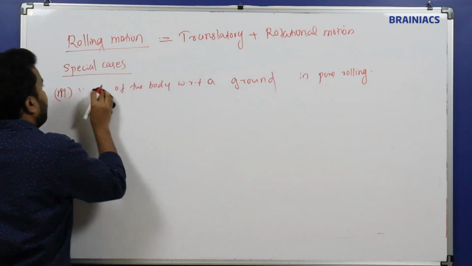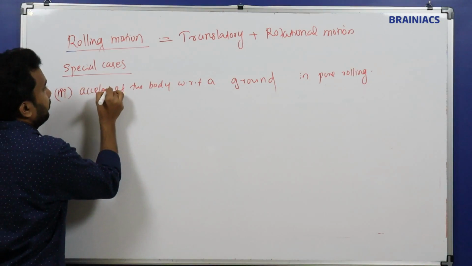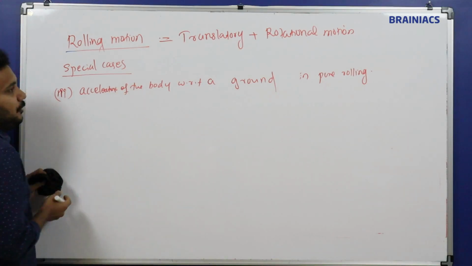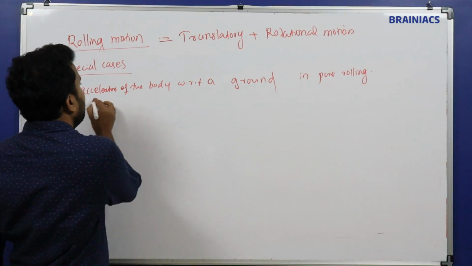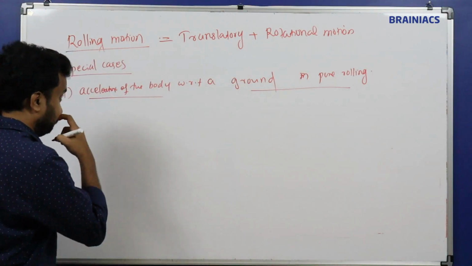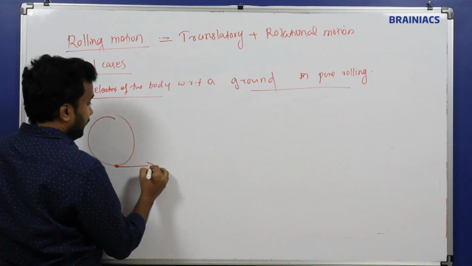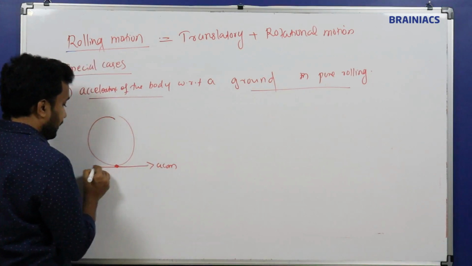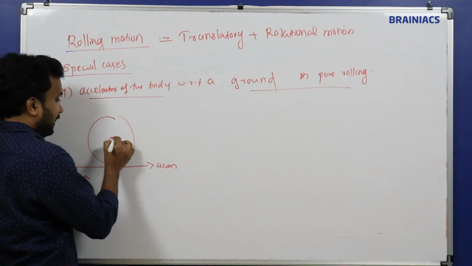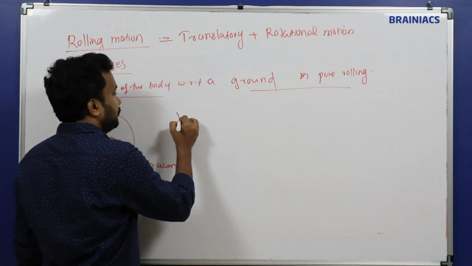Third case: acceleration of the body with respect to the ground in pure rolling motion. So let's see, acceleration at the bottom, we have acom, we have at which is equal to R alpha, and you have the centripetal acceleration.